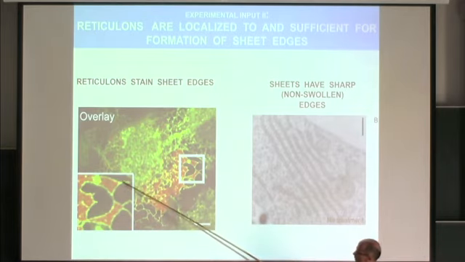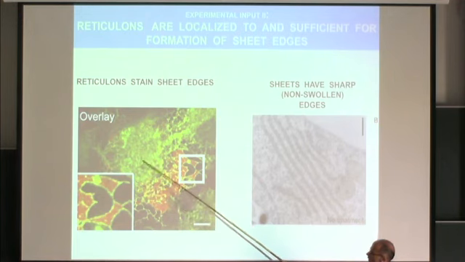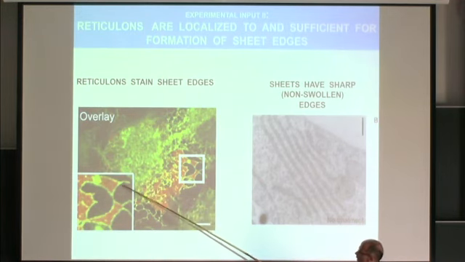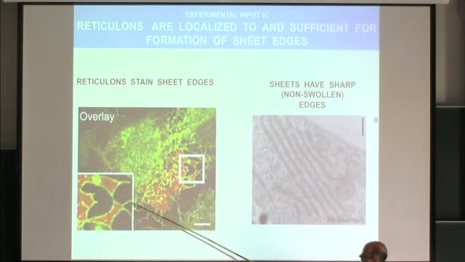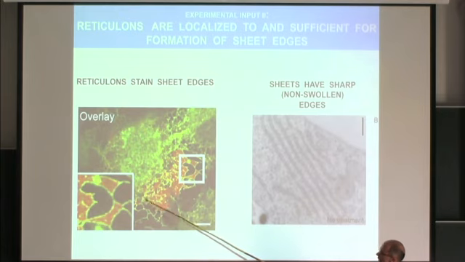So those were the first pictures they obtained, with green is a reticulum which is decorating the meshwork of tubes, but also the edges of the sheets, like here. This was done under some overexpression of reticulums. That's why it was not a complete proof, but we published it in 2010.